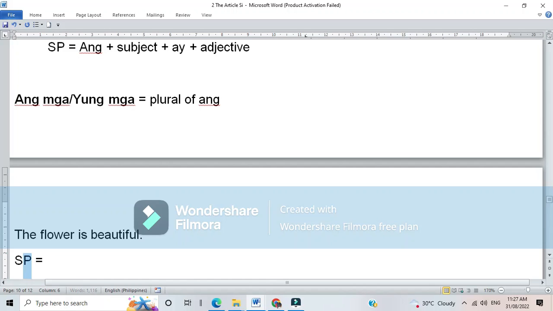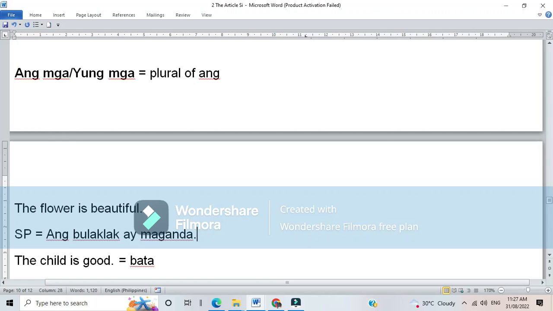So subject predicate word order, ang bulaklak ay maganda. Okay? So bulaklak is the subject of the sentence, and bulaklak is a common noun. That's why we are using the article ang. Ang bulaklak ay maganda. How about inverted word order?